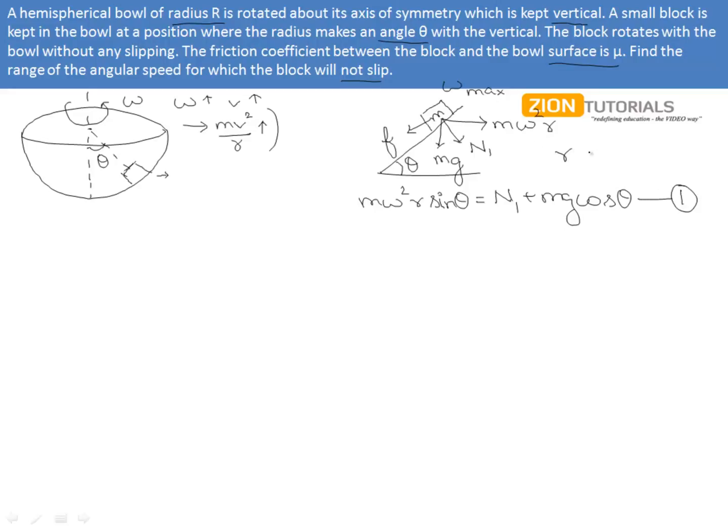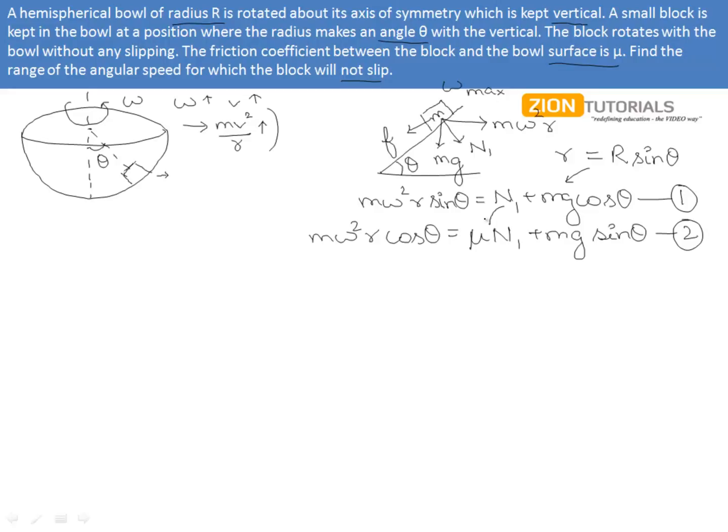And we also know that small r equals capital R sine theta, because we drew the perpendicular over there. Putting this value in and framing the next equation along the wedge, we can say that m omega square r cos theta equals friction, which is mu N1 plus mg sine theta, marking it as equation number 2.